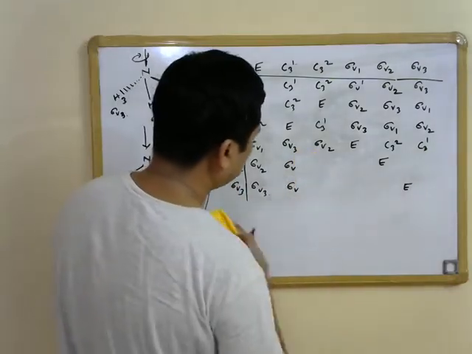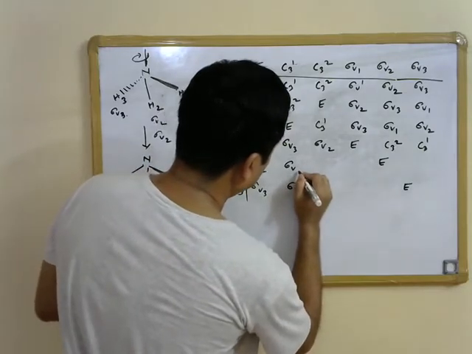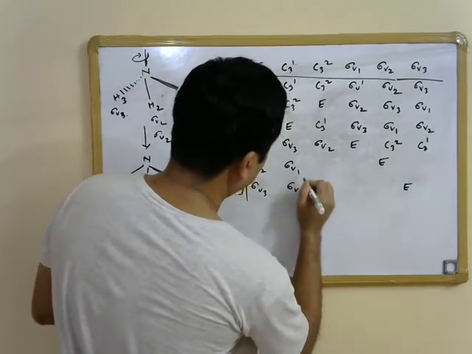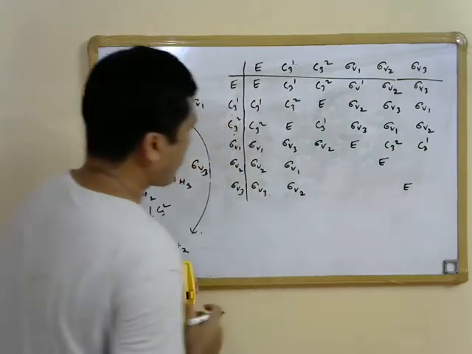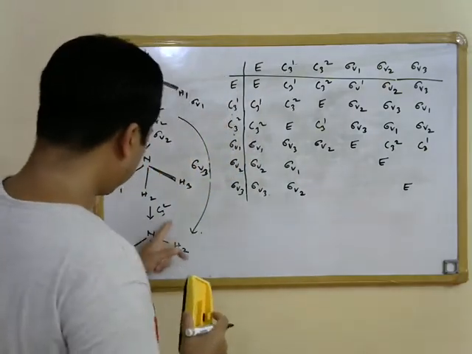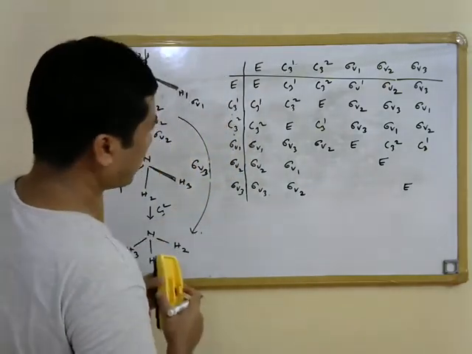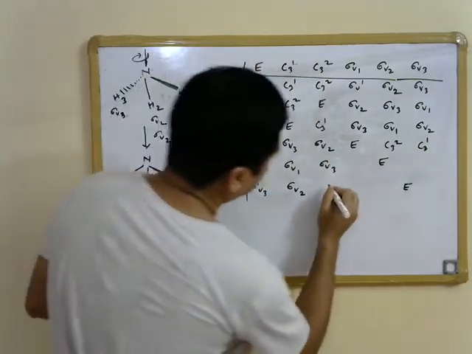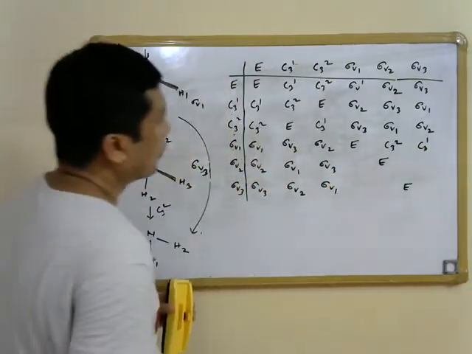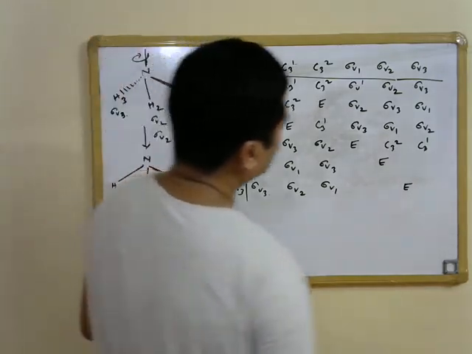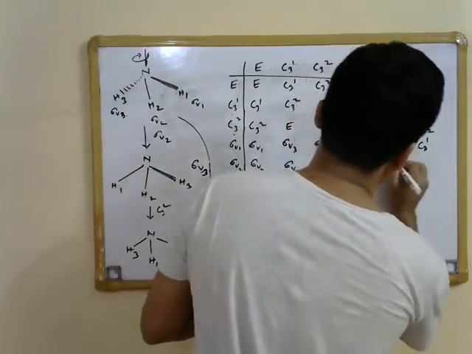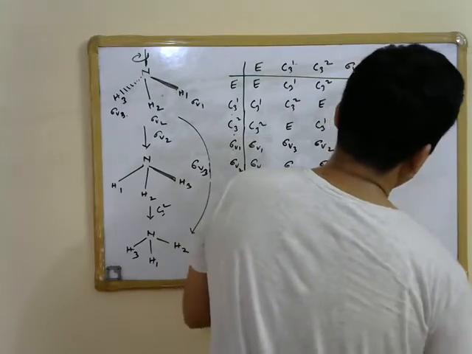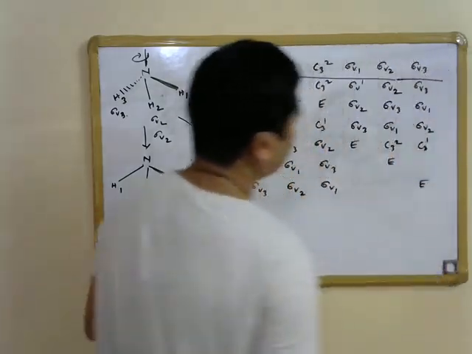Sorry, this should be written as, this was 1, this was 2. This is sigma V3. So this must be equal to sigma V1 over here, and this is identity, and this should be written over here as identity.